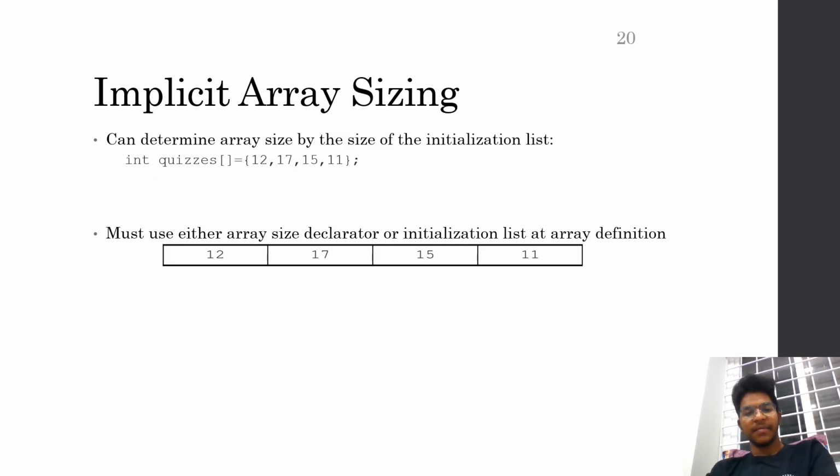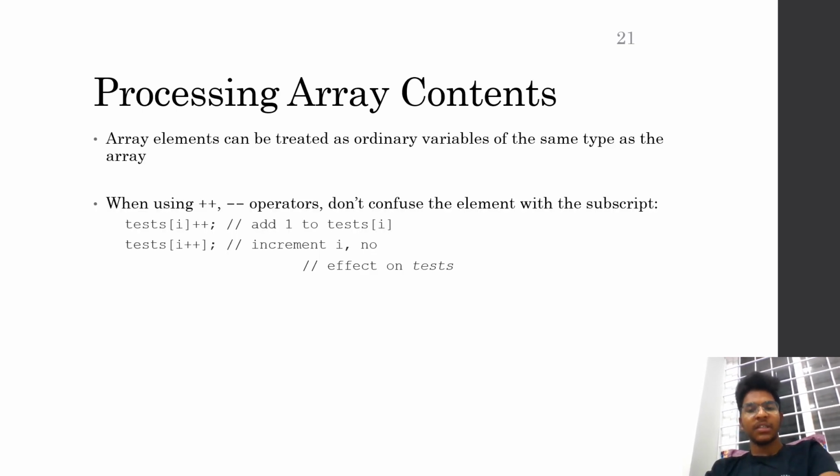Implicit array sizing: the compiler can determine the array size by the size of the initialization list, for example int quizzes. Processing array contents. Array elements can be treated as ordinary variables of the same type as the array. When using the ++ and -- operators, don't confuse the element with the subscript.